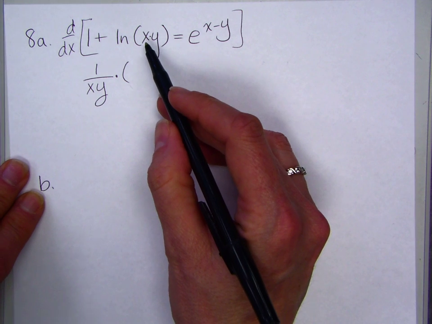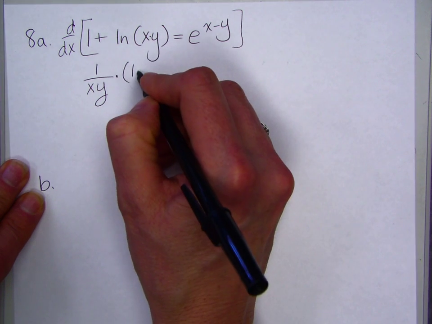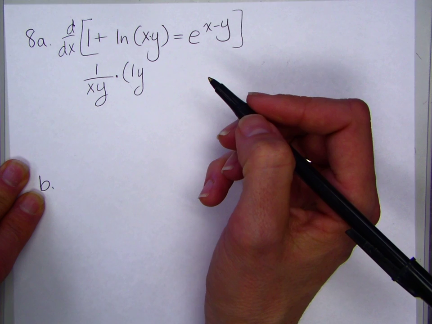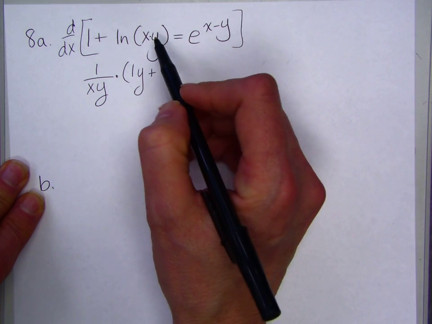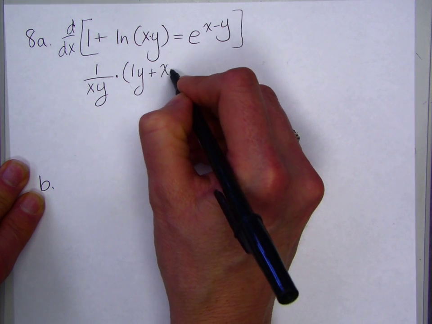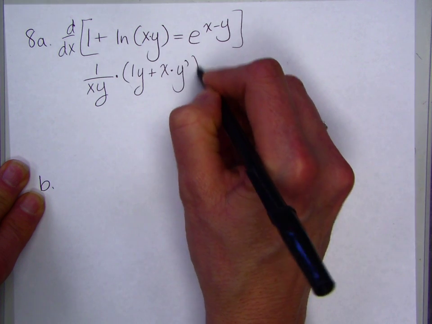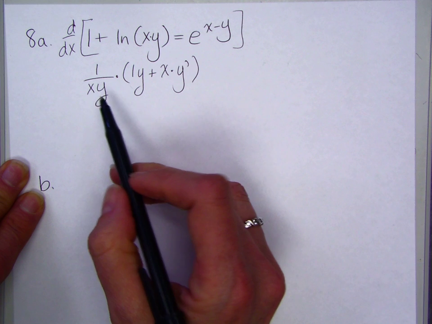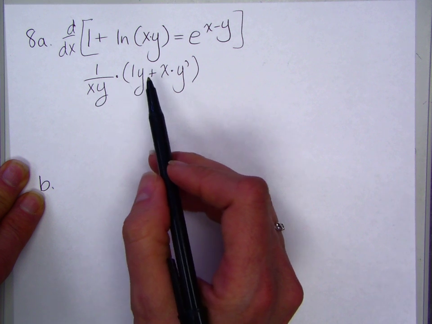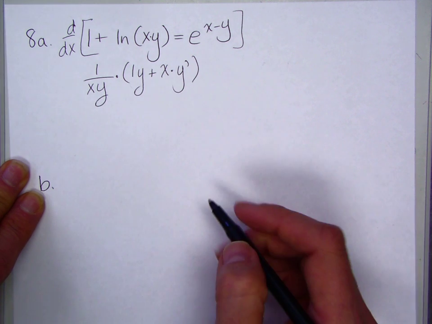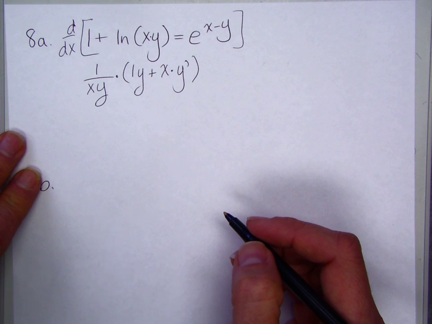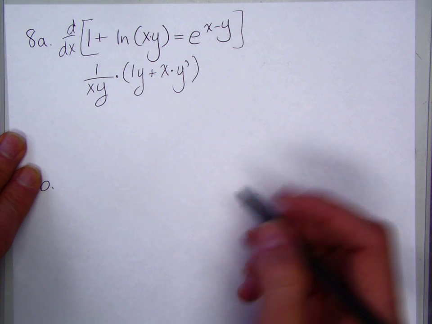So if I differentiate x with respect to x, that's 1, and I leave y alone. Plus, then I leave x alone, and the derivative of y with respect to x is y prime. Again, I would just as soon leave those as 2 parts rather than put this whole thing on top. But I just think it's easier that way. Okay? So we're done with that side.